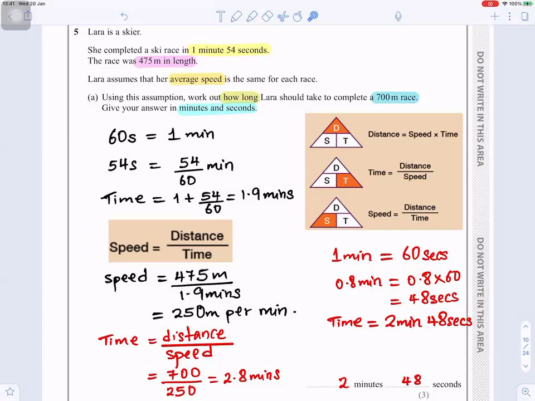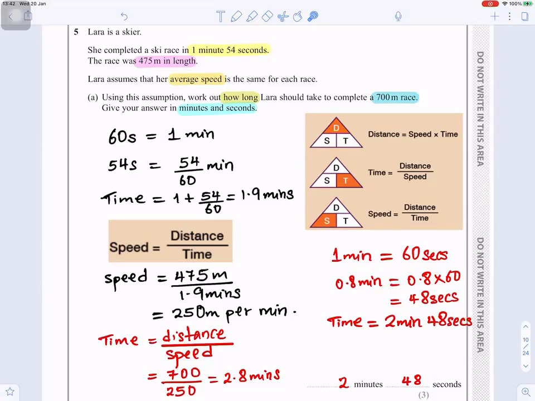So now we want to change the time to minutes. 60 seconds is 1 minute. So 54 seconds is 54 divided by 60 minutes, which gives you 0.9. So the total time is 1.9 minutes. Now we use this formula, which I've put on the right hand side there. Speed is equal to distance divided by time. You need to memorize this formula.